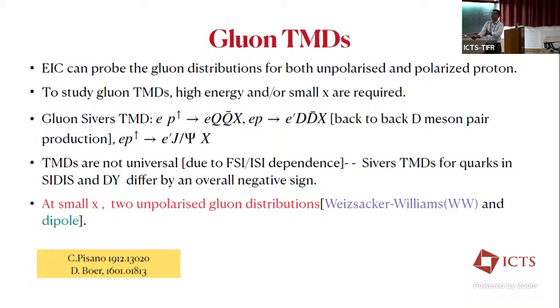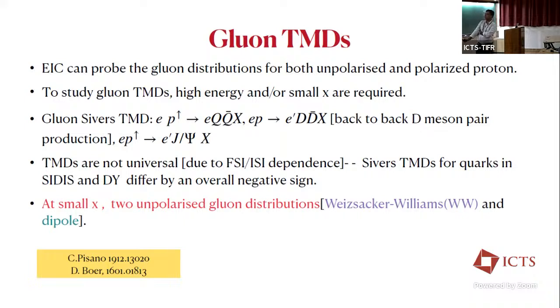These TMDs are not universal because they involve final state or initial state interactions. For example, in SIDIS you have final state interactions, but for Drell-Yan you require initial state interactions. Even in the quark sector, these TMDs are different for Drell-Yan and SIDIS.